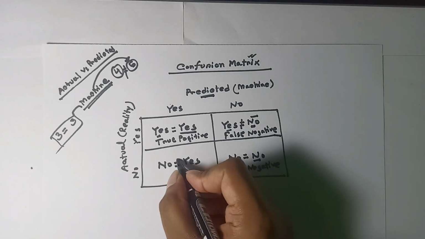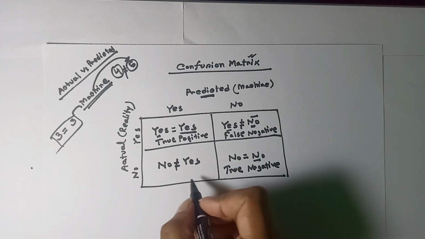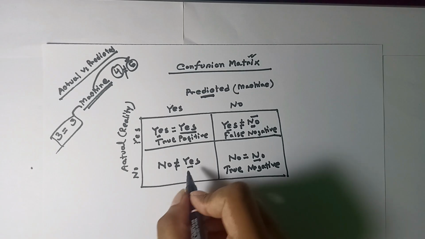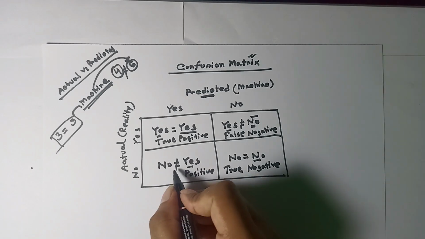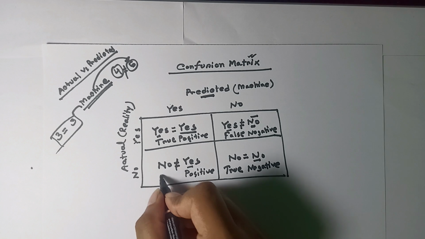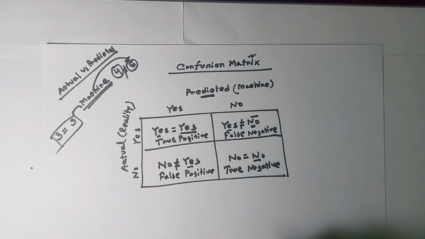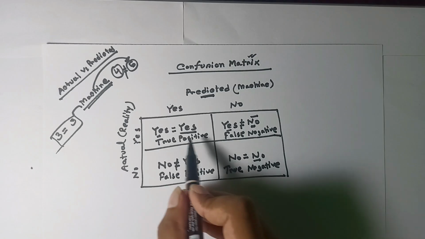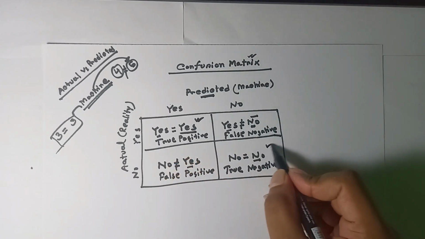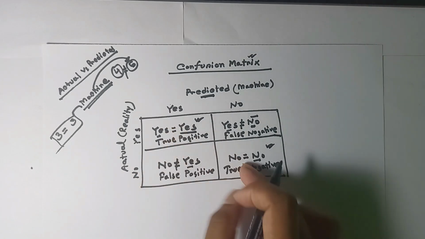This one, these two are not equal. This is a positive. Is this positive correctly predicted? No, false positive. If you notice here, we correctly predict two things basically here, and these two things.